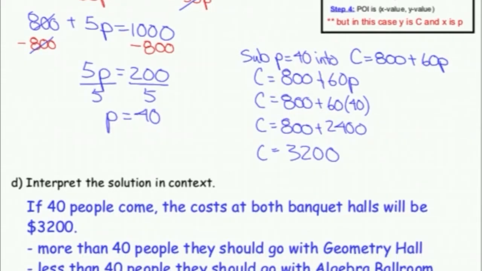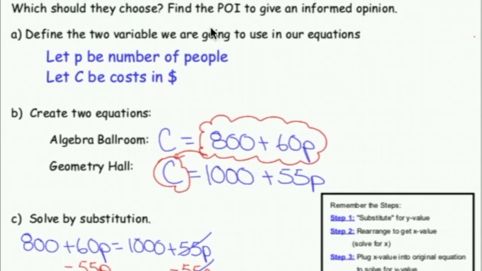So if 40 people, what does this mean? It means that if 40 people come, the cost at both banquet halls will be this much. So if we have more than 40 people, they should go with the geometry hall, because if we look up, the geometry hall is $1,000 flat and cheaper per person, whereas the algebra ballroom is $800 flat but is more per person.